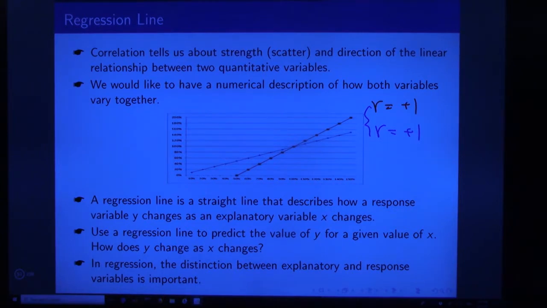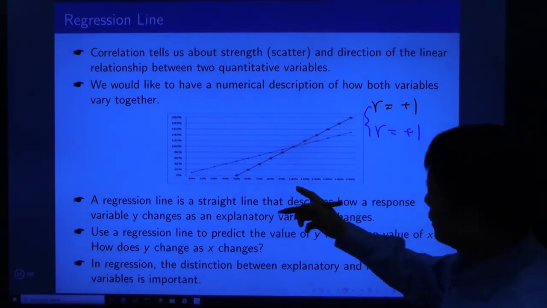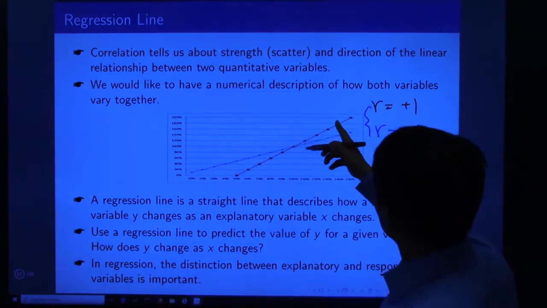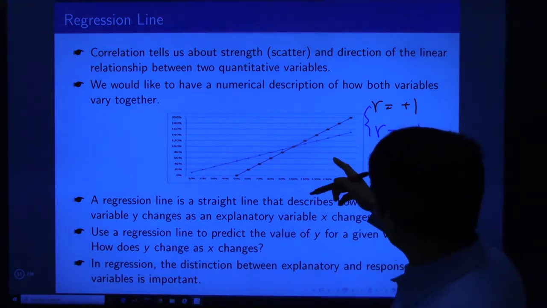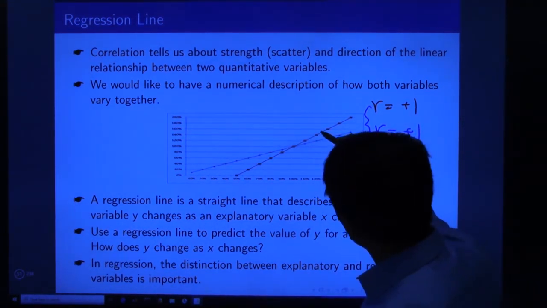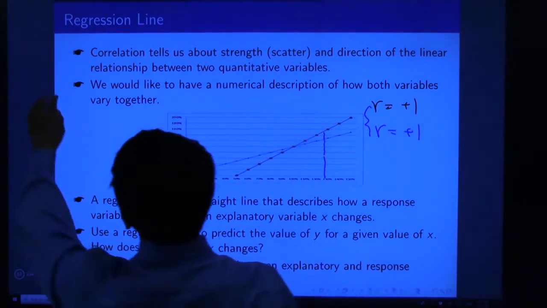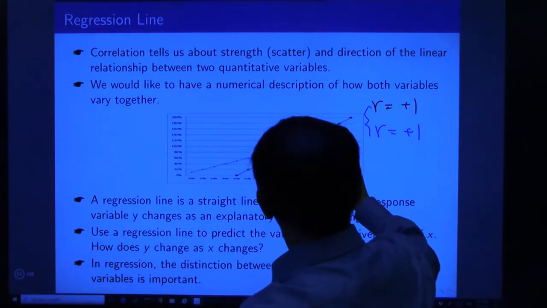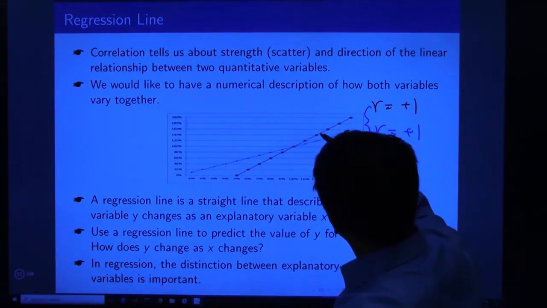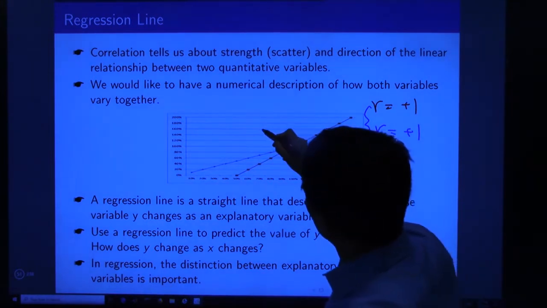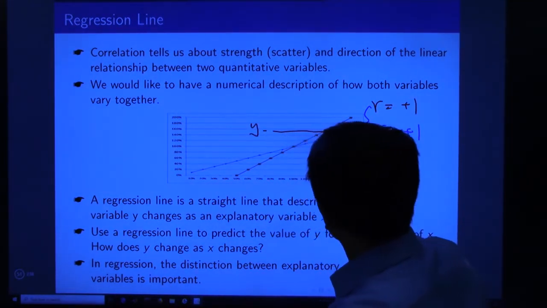The purpose of the regression line is, for example, if I want to predict the y value from x. We take this red line as an example. If I want to know, if x is somewhere here, what is this y value?